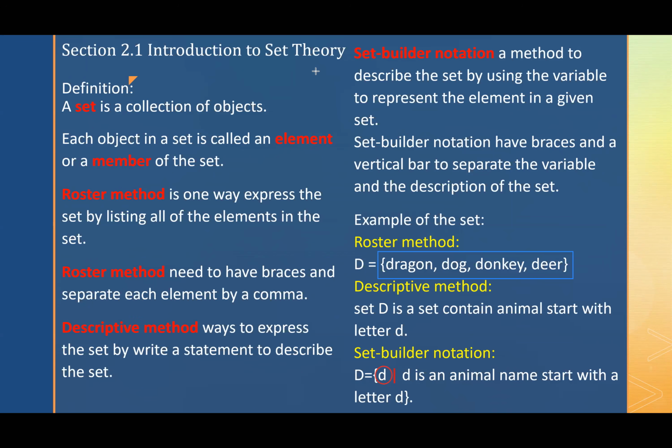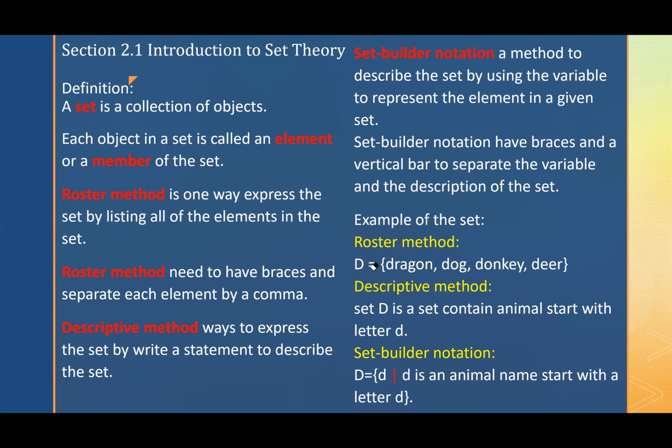Okay, so one thing, if you did the homework, or if you start with the pie, they probably ask you to maneuver between these three items. They probably give you some roster and ask you to give the description, or they give you the description and ask you to list them out in a roster method. Or vice versa, they give you the set builder and ask you to give the list of the items out, right?